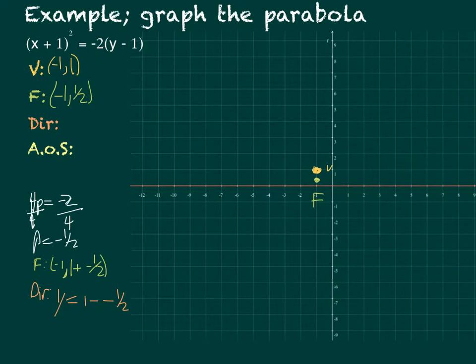So if I were to write that in simplified form, Y equals 1 minus -1/2 is +3/2. So that's my line. So +3/2 would be the line right here, which is 1.5. So I'm going to draw a line right there, and that is my directrix.